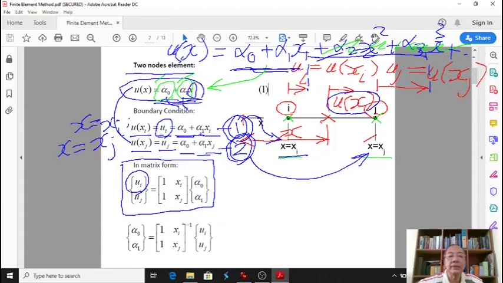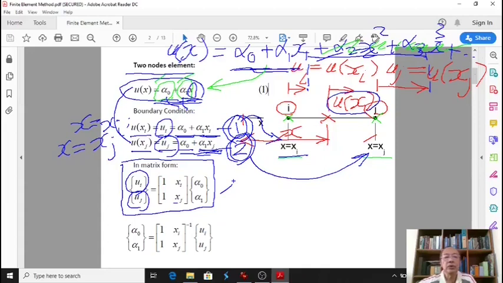This comes from equation 1. And the second term here, uj, comes from the second equation: 1 times alpha 0 plus xj times alpha 1. So we have developed the matrix equation.